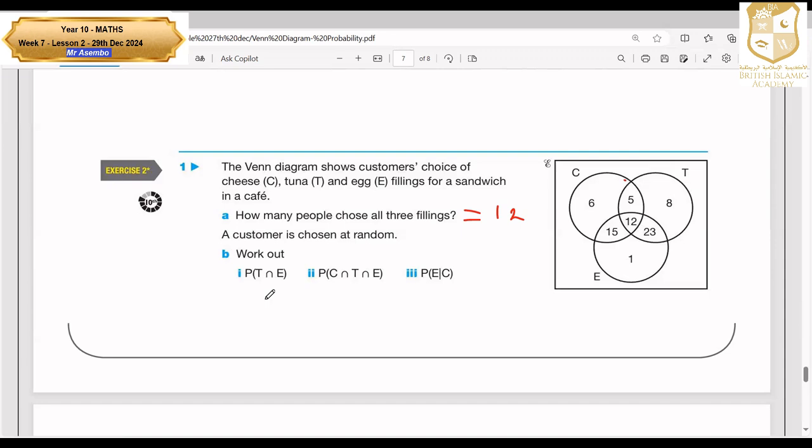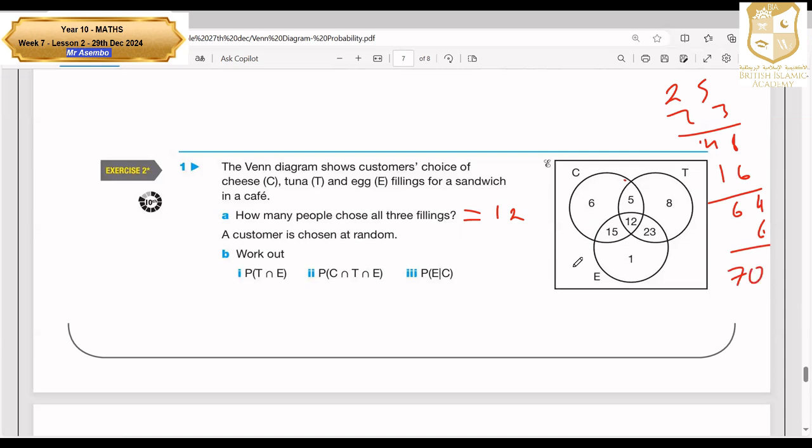The sample space is going to be equal to, we add up 12 plus 8 will be 20, 20 plus 5, 25, 25 plus 23, that gives us 48, and then 48 plus 16, that'll become 64, then 64 plus 6 gives us 70.